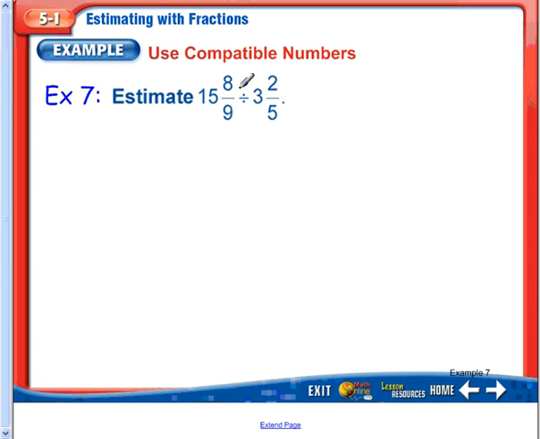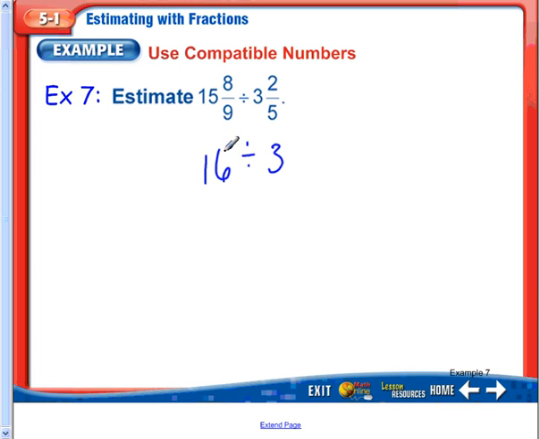So again, we're supposed to use compatible numbers. So 15 8/9, we typically like to round that number up to 16. And 3 2/5, we would typically round that to 3. Well, 16 divided by 3 will not give us a nice answer.